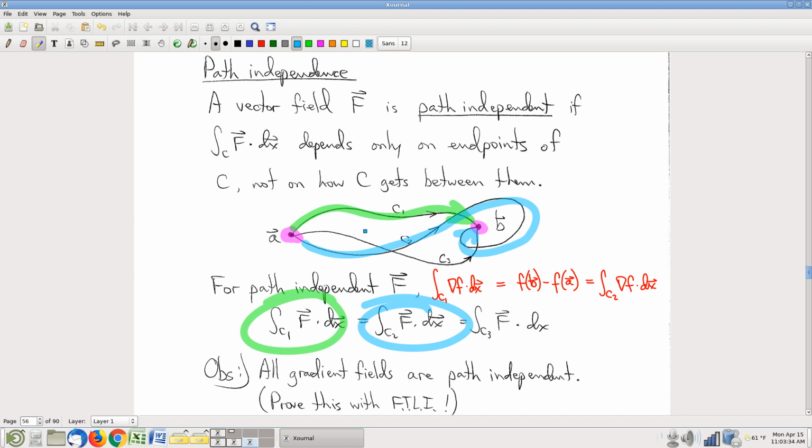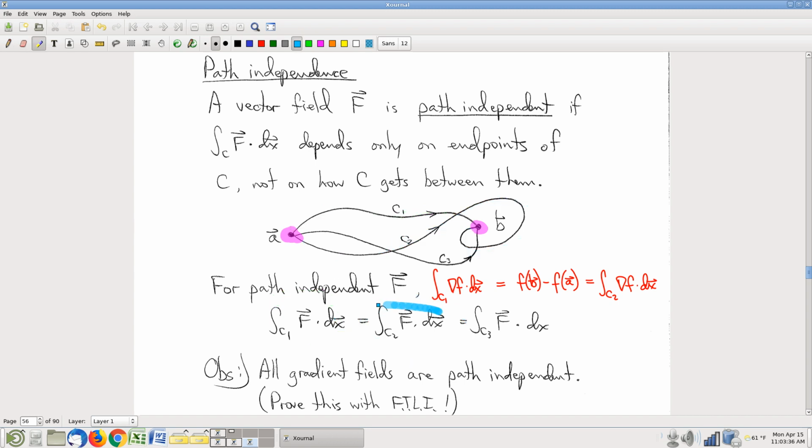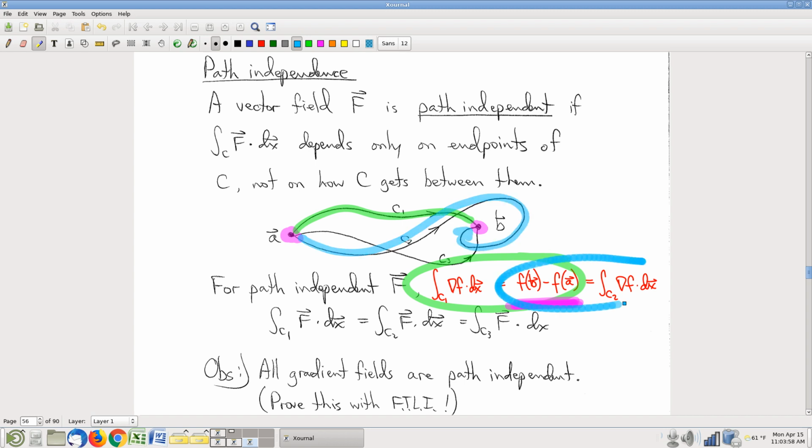And here's the argument. How do I know that these two things are equal? Well, along that first curve, how do I compute the line integral? By looking at this formula that only depends on the boundary points, not the curve. And then how do I compute the line integral along this curve? Well, by the fundamental theorem of line integrals, which again only depends on the boundary points.